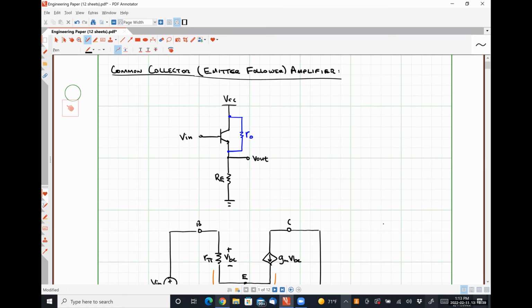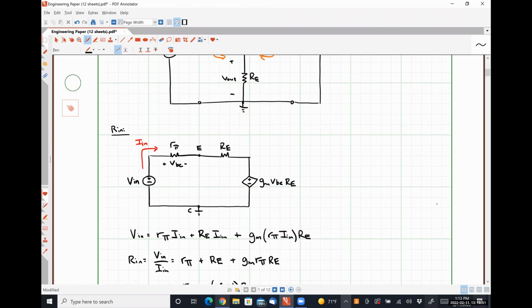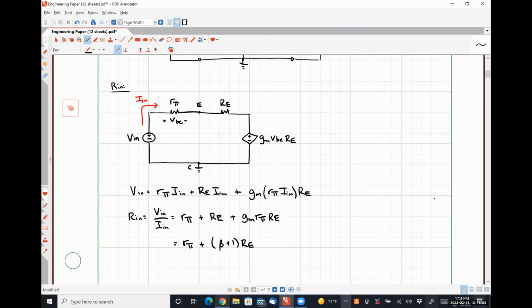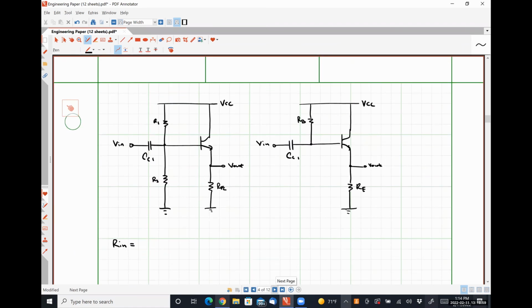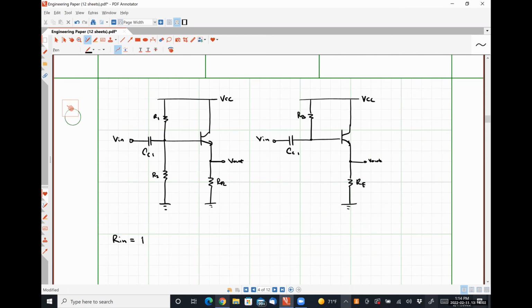So when we were looking in, we'd see R1 in parallel with R2 in parallel with this guy. Right? So if our input resistance is R pi plus beta plus 1 times RE, then we simply have R1 in parallel with R2 in parallel with R pi plus beta plus 1 RE.